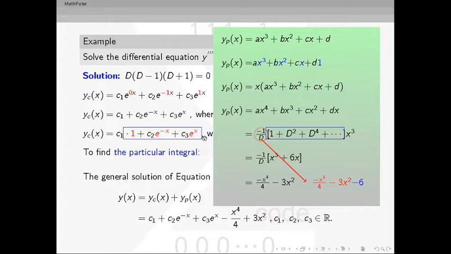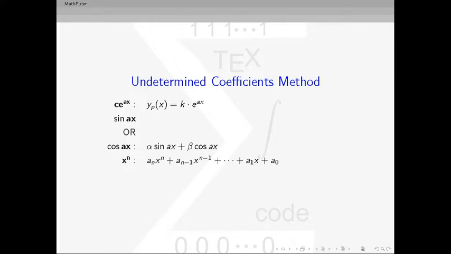Okay friends, so now let us go for the analysis. This was the method of undetermined coefficients. If the right hand side is c into e raised to x, then our assumption was yp(x) equal to k into e raised to x. If the right hand side is sine or cos, then our assumption is yp(x) equal to alpha sin x plus beta cos x. If the right hand side is a polynomial, then our assumption is this.